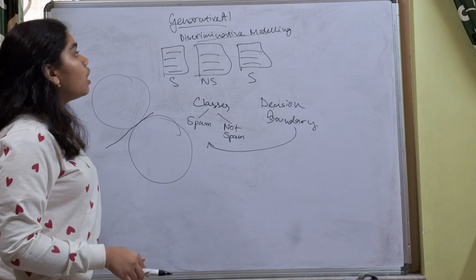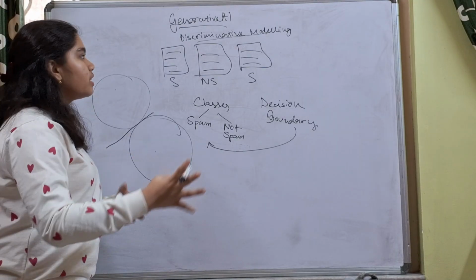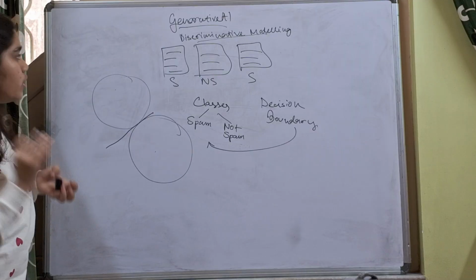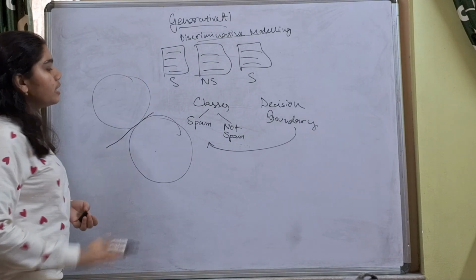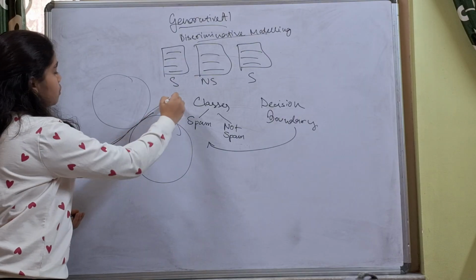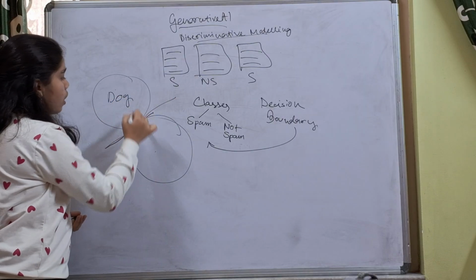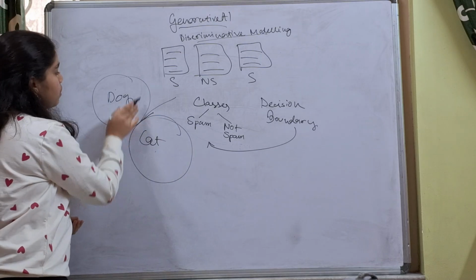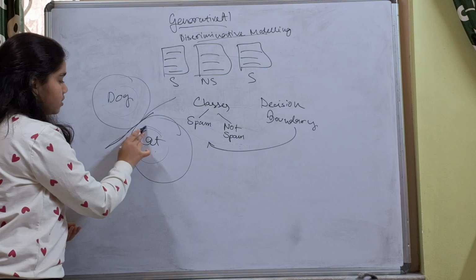If you give it a combination of dog and cat images, it can tell you which one is a cat and which one is a dog, because discriminative modeling learns the decision boundary between the two classes, dog and cat.